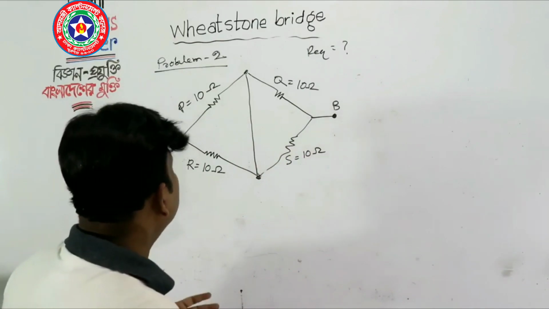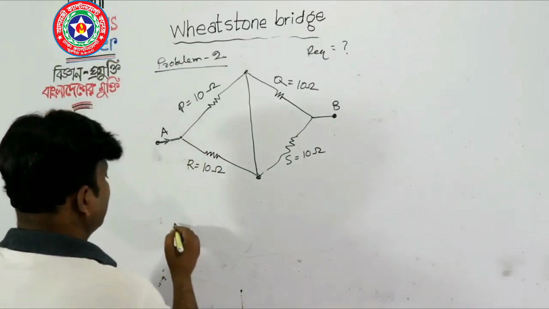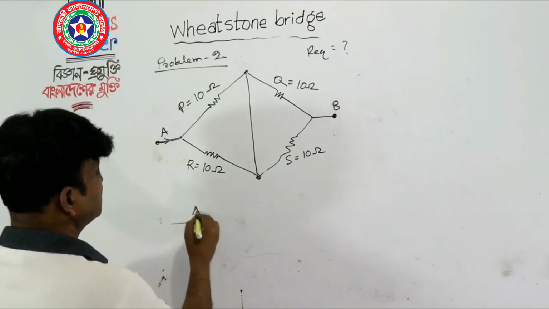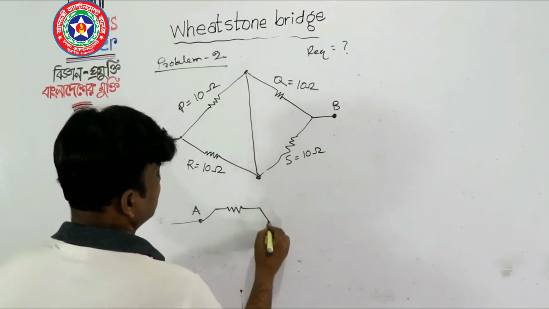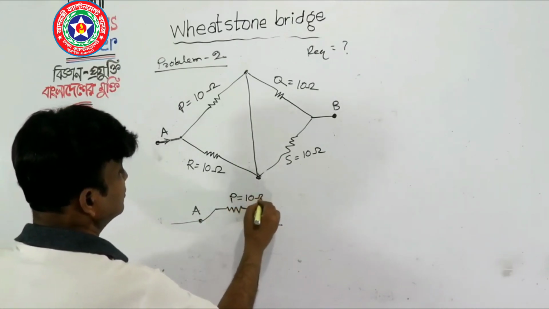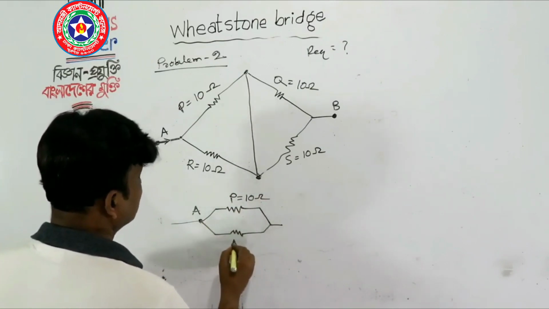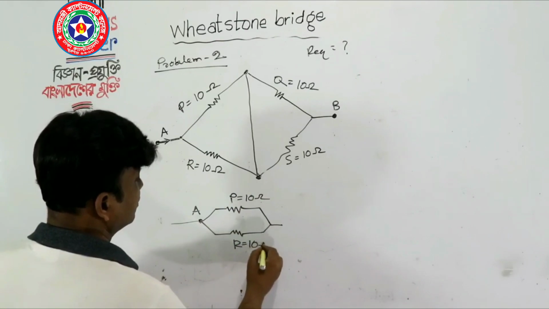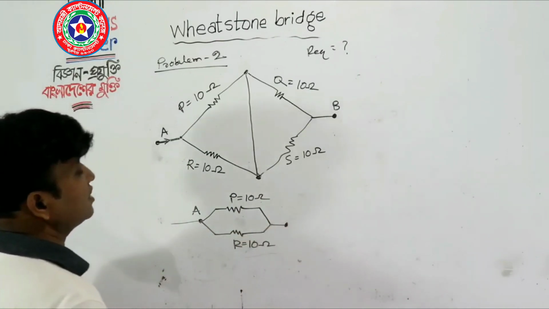So we can rearrange this circuit like this. This is point A, this is the resistance P, which is 10 ohms, this is the resistance R, which is also 10 ohms, and they are connected in parallel.